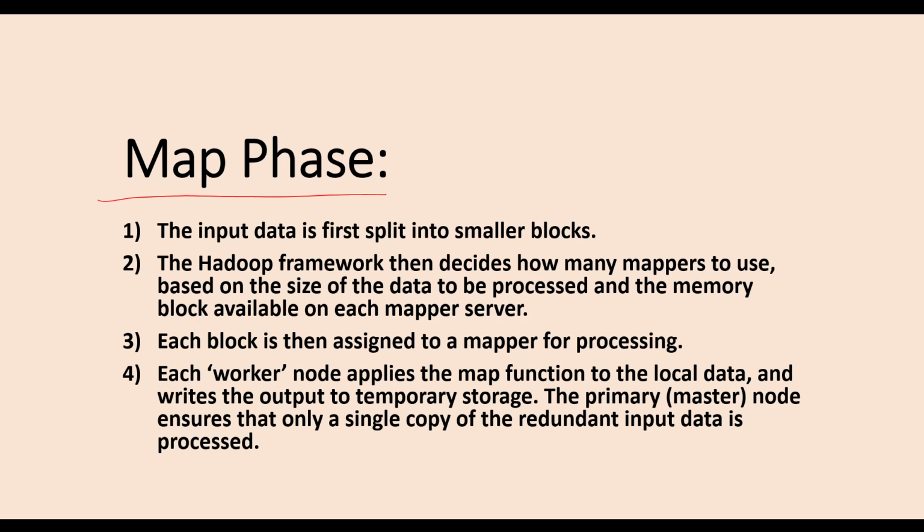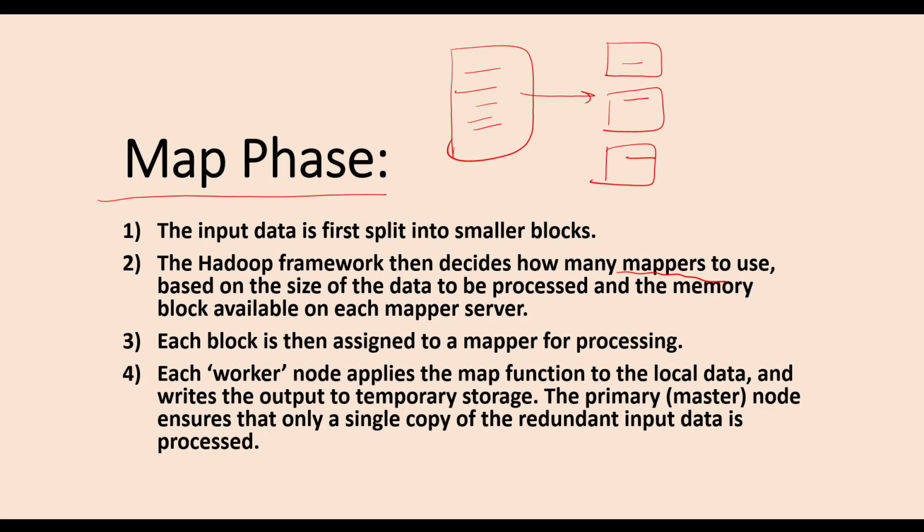In the map phase, suppose you have input data. That input data is first split into smaller blocks. The Hadoop framework decides how many mappers to use. Inside the MapReduce concept, in the map phase, there runs a mapper.